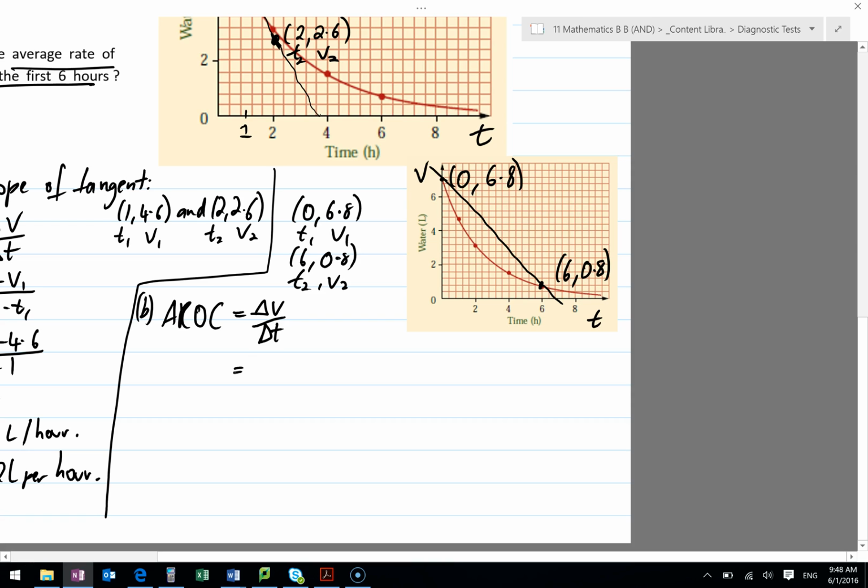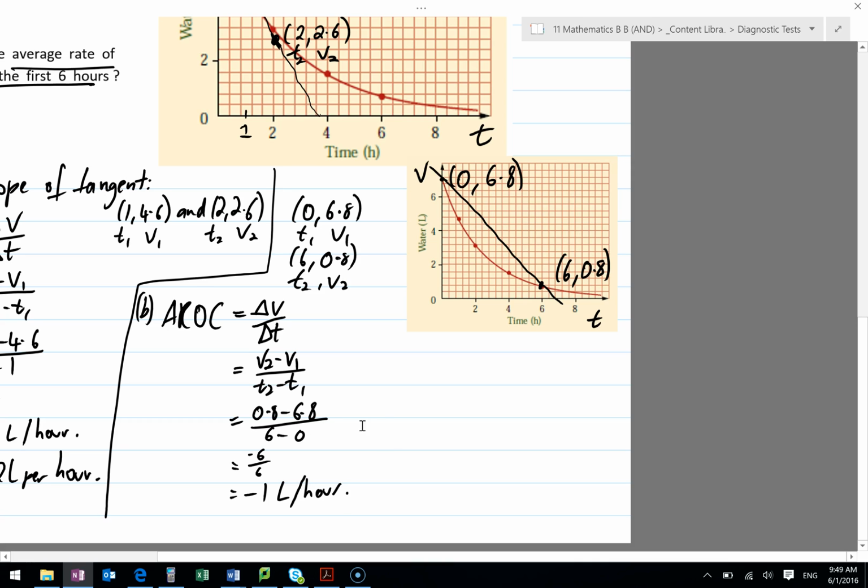Average rate of change in volume over time. They're my Y and X axes. Write the rule, substitute in. So I end up with minus 6 on 6, or minus 1 litres per hour.